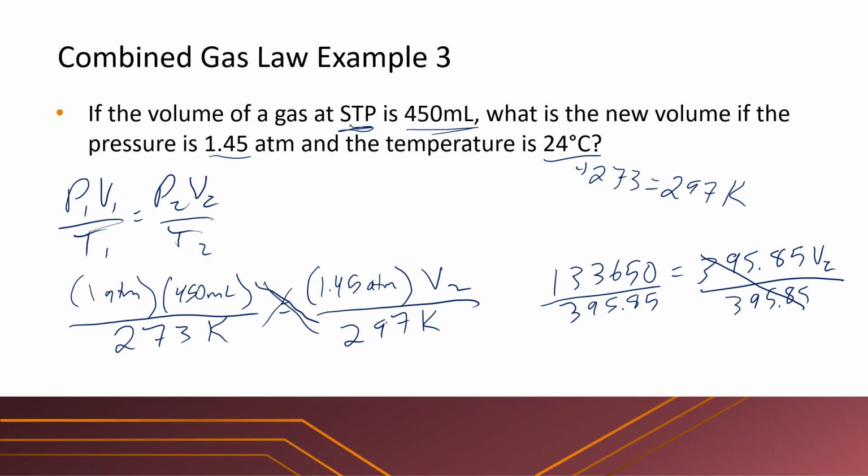And when you solve and round to 2 significant figures, you get 340 milliliters as your new volume. It's like 337.6, rounded to 2 sig figs.